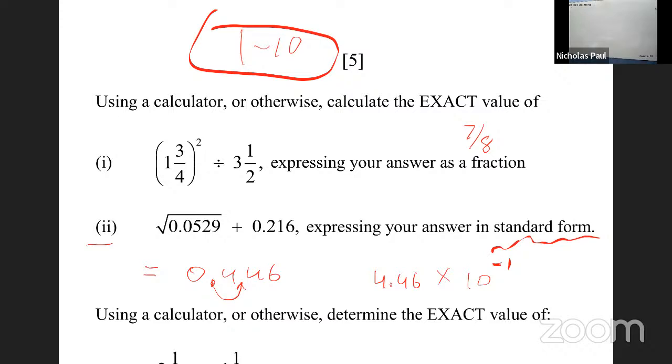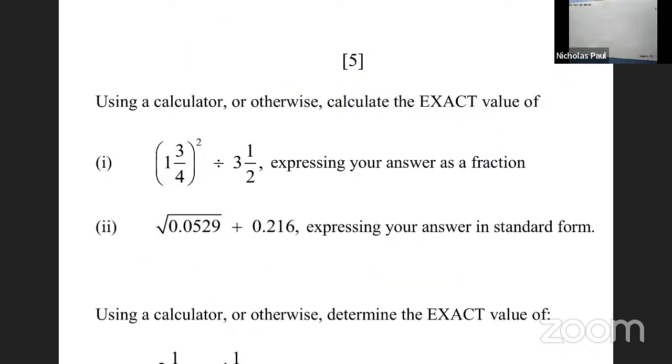Right, let's try 2 more standard forms. Remember, when you move the decimal place to the right, the power is negative. When you move it to the left, the power is positive. Try and put both of them in standard form.